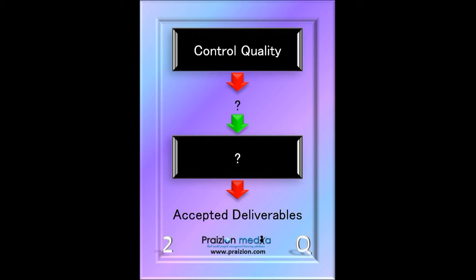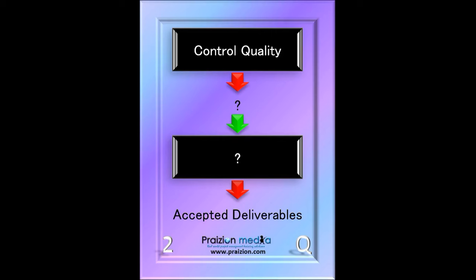Control quality gives you something that goes into a process that gives you accepted deliverables. So for those of you who've studied enough, you know that accepted deliverables are the last deliverable type in the PMBOK guide, and that is when your customer reviews your deliverable, which is called, at that point when the customer is reviewing it, a verified deliverable before it becomes an accepted deliverable.